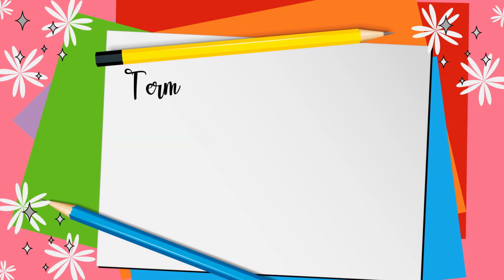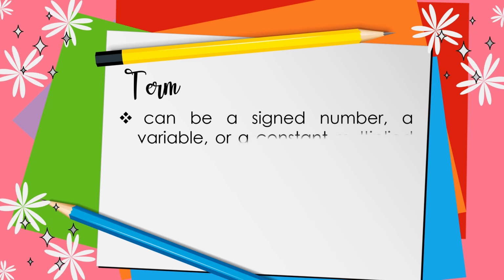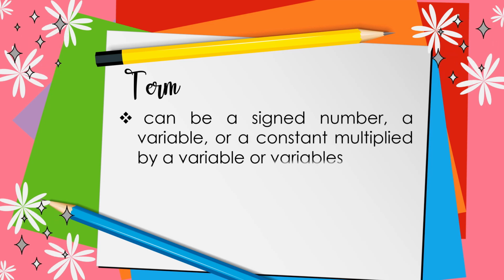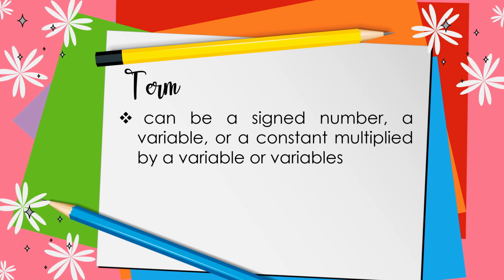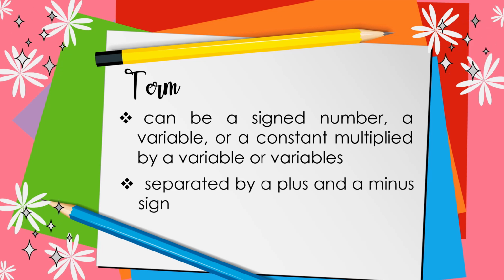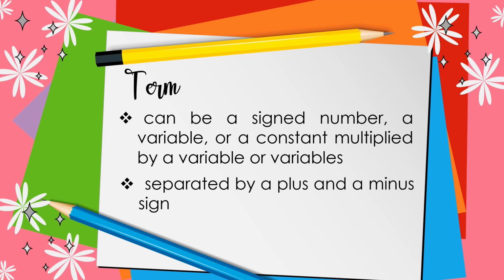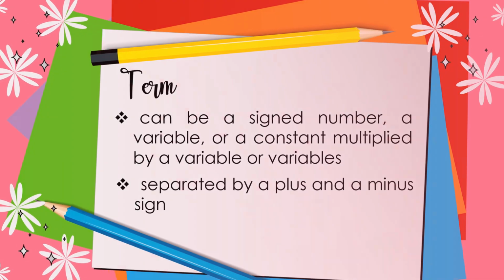What is a term? A term can be a signed number, a variable, or a constant multiplied by a variable or variables. And terms in an algebraic expression are separated by a plus and a minus sign. Here are some examples.